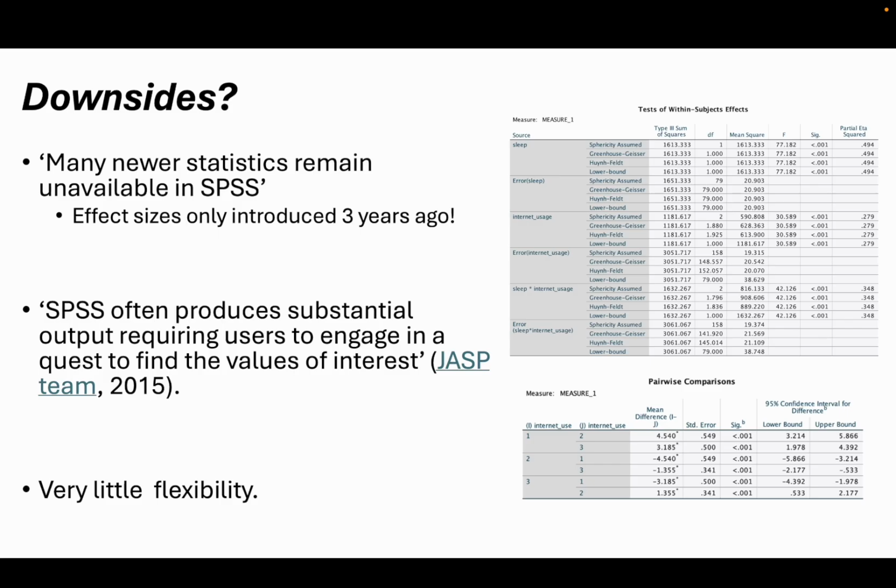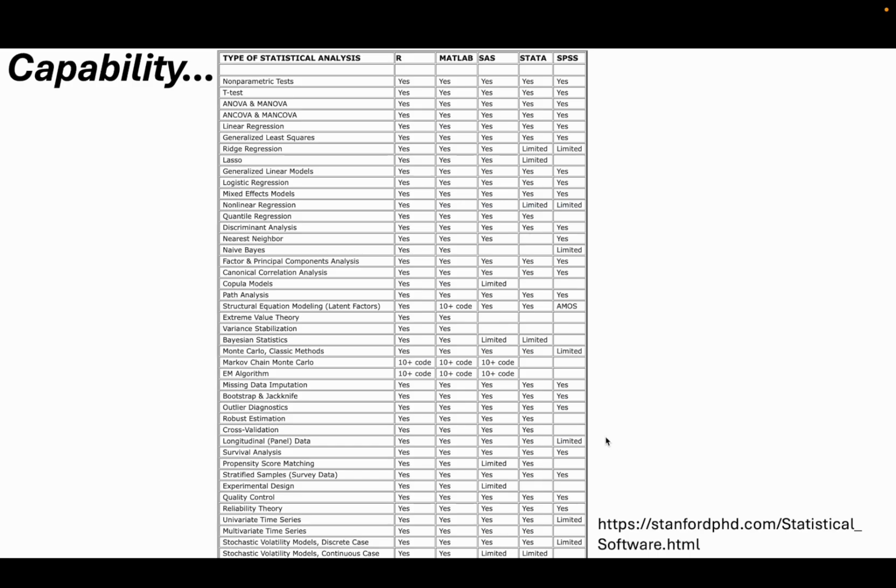The other downside is there's just very little flexibility with SPSS as well. Outside of what is available in the command windows, you can't get without using add-ons. So things like Python and R can be added on to SPSS. I mentioned the capability, so someone else has gone through and basically compared the different types of statistical analyses that you can do across the 5 probably most popular software packages, so R, MATLAB, SAS, Stata, and SPSS.